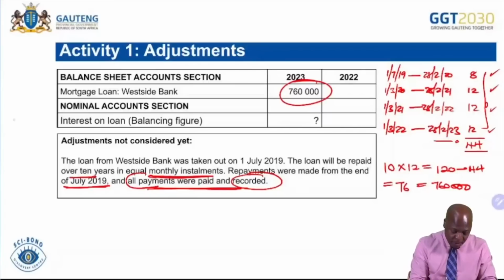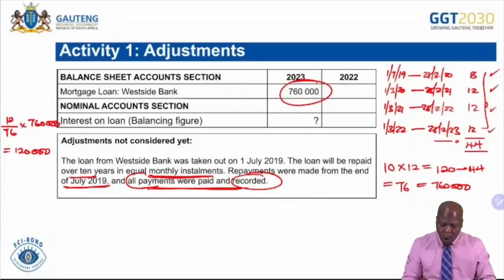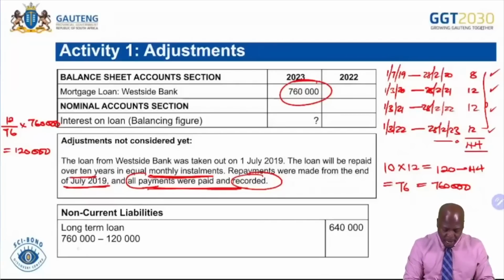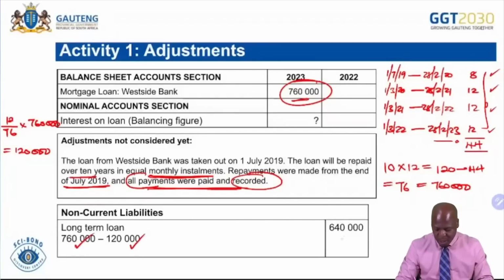So we're going to now say the 12 months which we're going to be paying for the next financial year, the short term, divided by 76 multiplied by 760,000. This will therefore give me 120,000. Once I get my 120,000, that is my short-term loan. So I then come in and say my loan, which is 760 from the list of balances, minus the 120 gives me the 640,000.